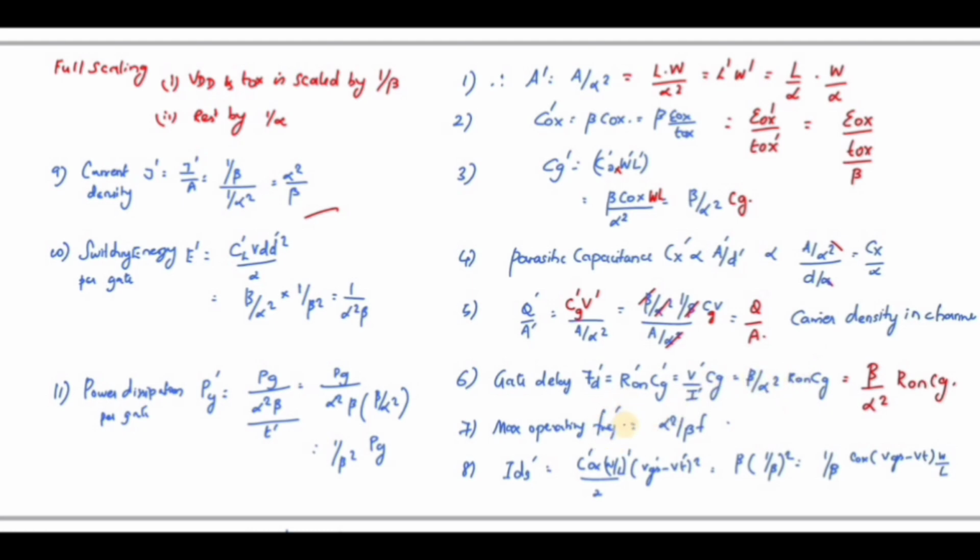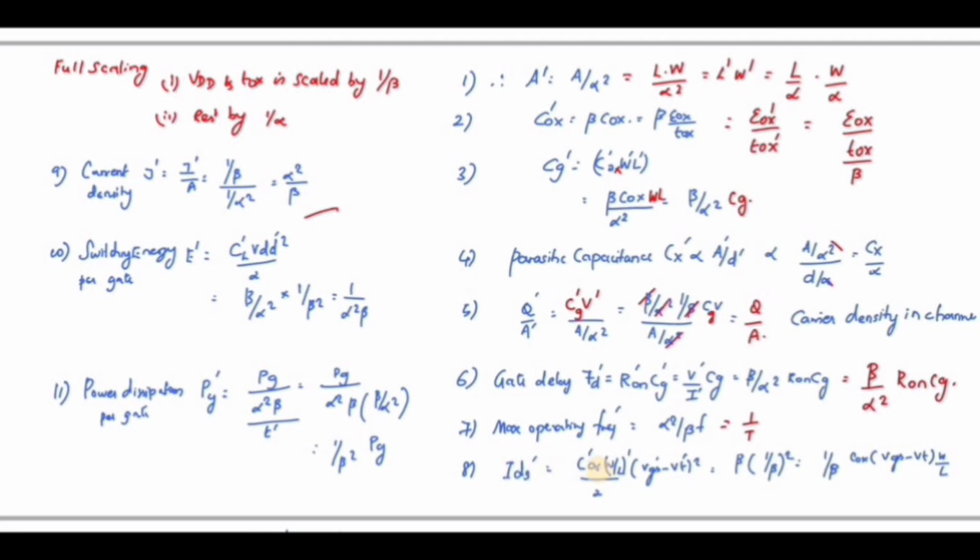Next, operating frequency. The operating frequency is nothing but 1 by T, where T means the delay. So the inverse of this one, I can write as alpha square by beta into F.